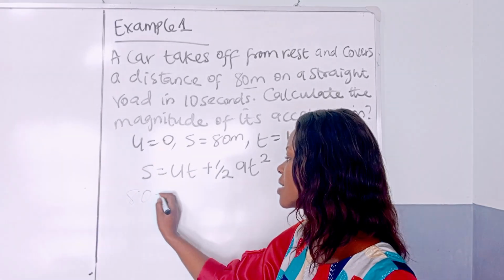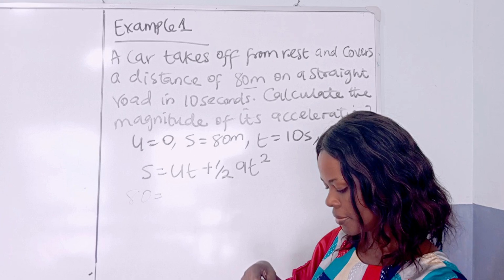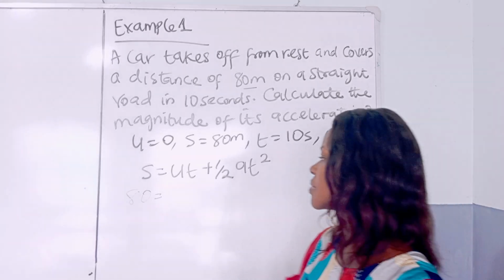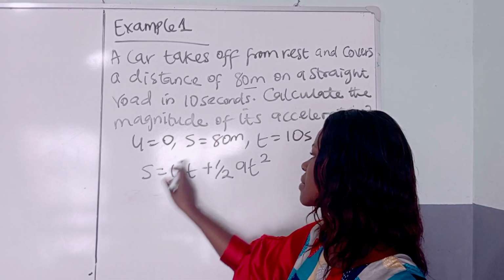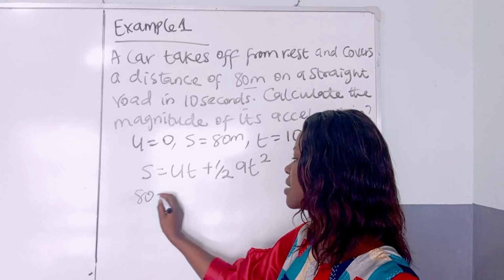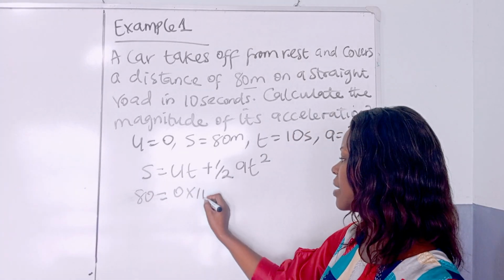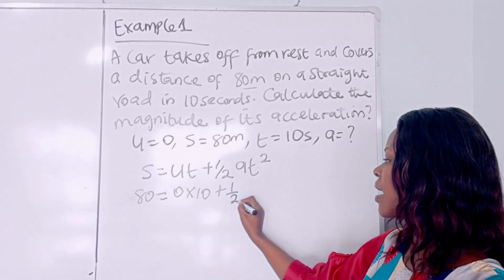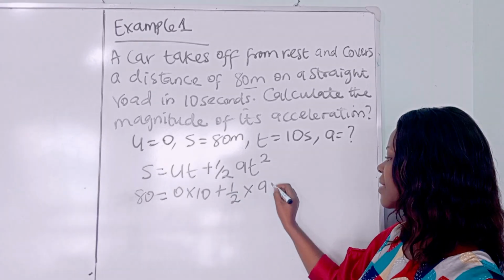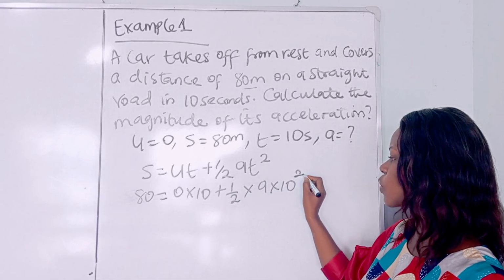So 80 is equal to U, which is 0, times time, 10, plus half times A times 10 square.